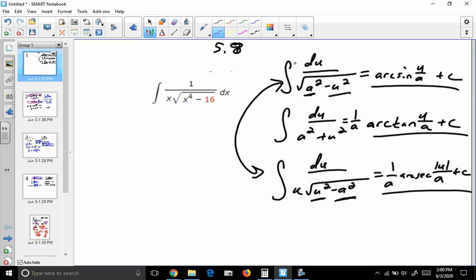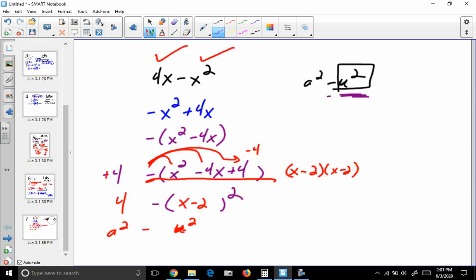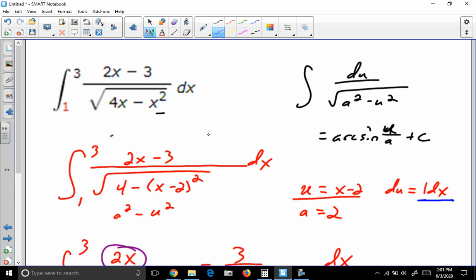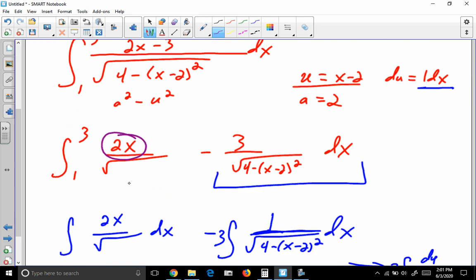We didn't have a u also. So what are we going to do if we have a variable up there that we don't need? We can't just pull that x out front. We can only pull coefficients out front that are numbers, not letters.